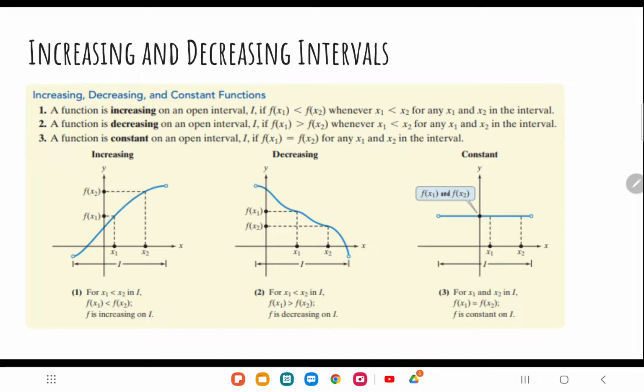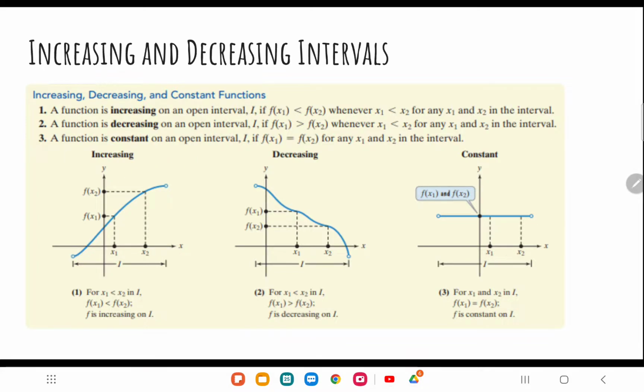Functions can increase or decrease over open intervals, or they can be constant on an open interval. Please note that these are on open intervals, which are written with round parentheses. A function is increasing on an open interval if for any x values x1 and x2 in the interval, f of x1 is less than f of x2 when x1 is less than x2.